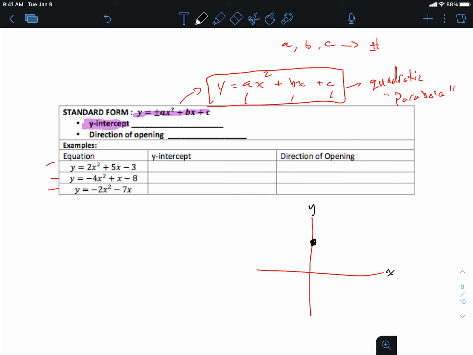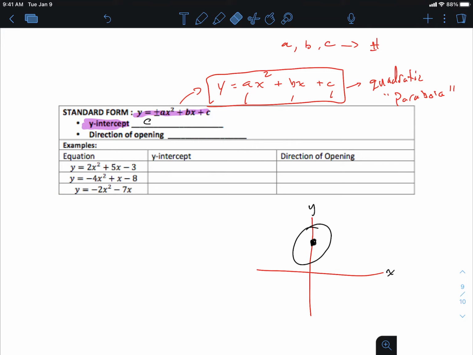You can always find this value from C, which I'll show you in a second. So the Y-intercept is found by looking at C. Whatever the C value is, that's the Y-intercept, and that's a point now. And remember, it took only about 3 points to figure out what a parabola was going to look like. So it'll make sense down here in a sec.